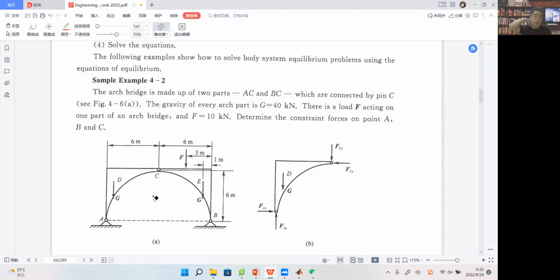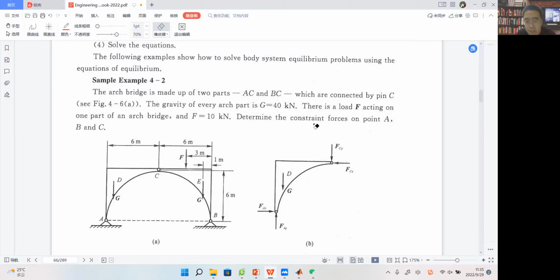Its gravitational force is 40 kilonewtons each. There is a load, the active point, a concentrated force acting on point F on the arch bridge CB, right? And its magnitude is F equal to 10 kilonewtons.